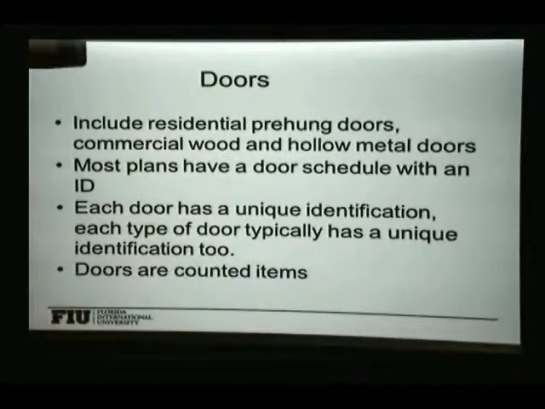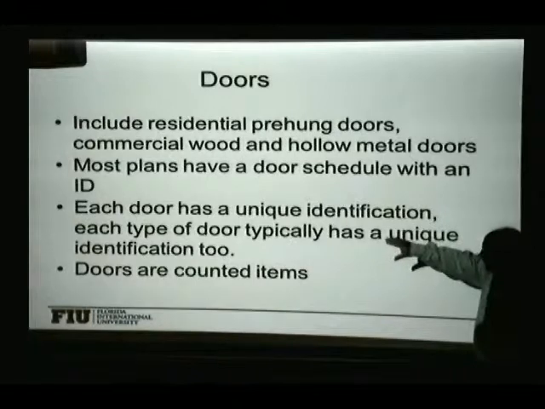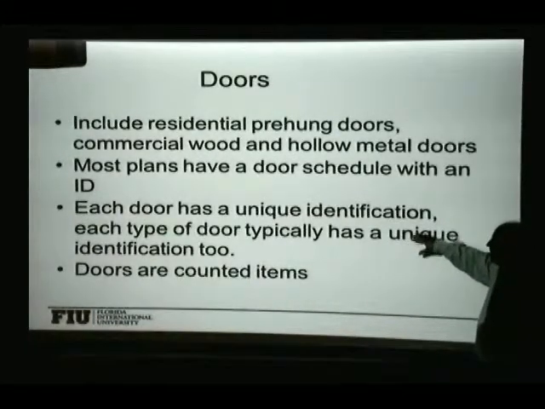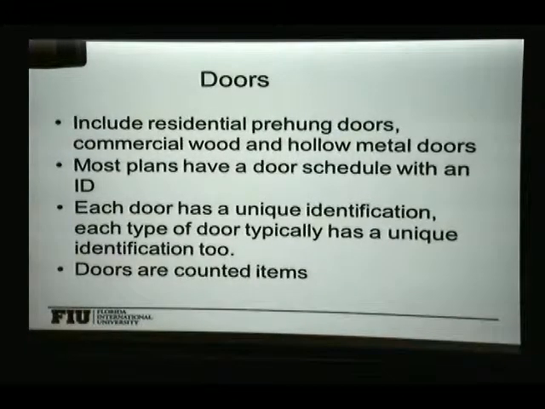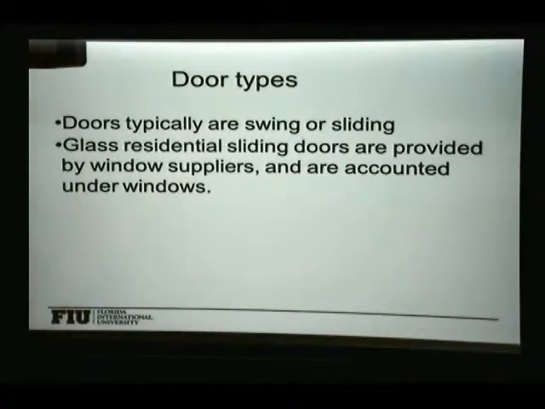Normally we have a schedule on the drawings that gives us the identification of the type of door or the type of window that you need. It gives you a description of what it is, the materials, the manufacturer, the model number in many cases. And all of these are, of course, counted items.